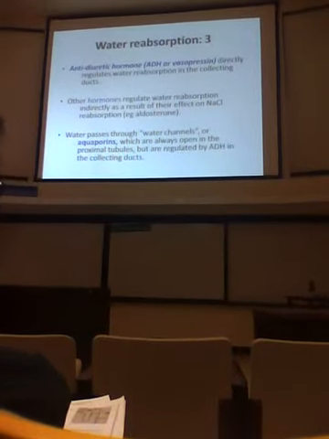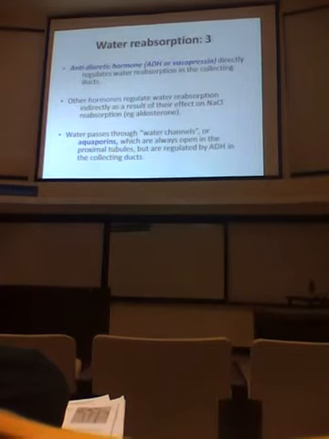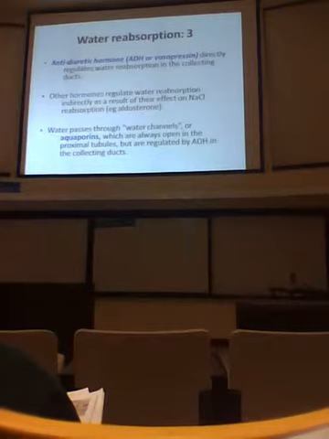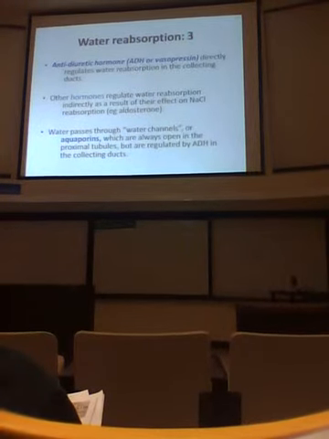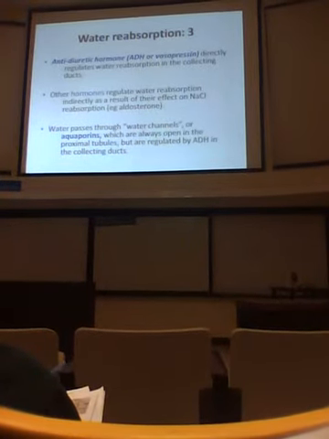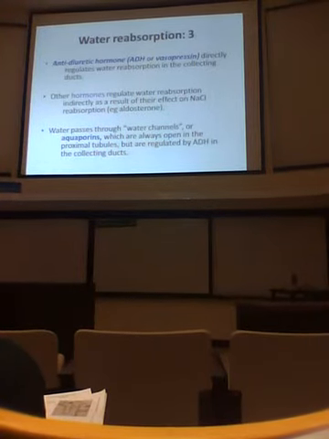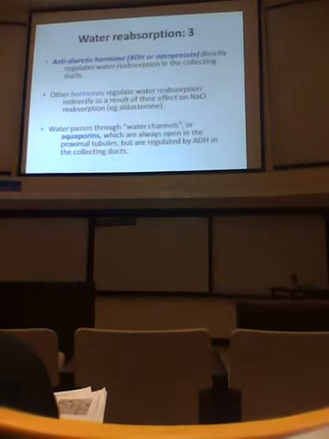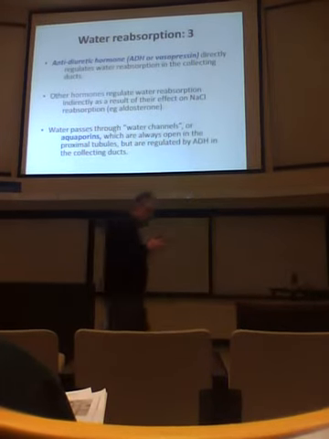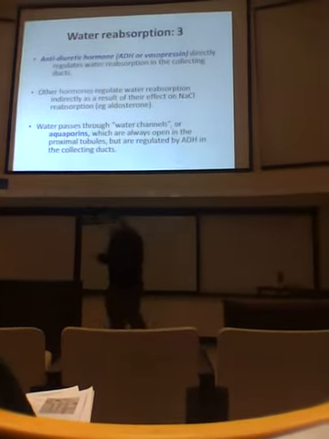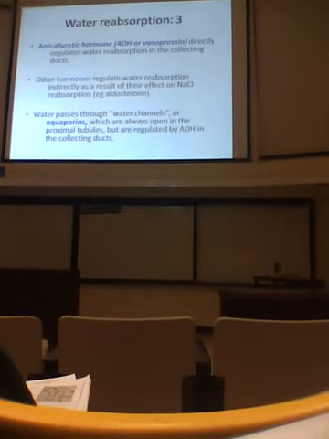But in the collecting ducts, they can open and close. So if you can open and close the water channels, you can affect how much water you pee out and how much water you keep in. I'm going to explain that in detail. So it all has to do with these water channels in the collecting ducts, which are under the influence of ADH.